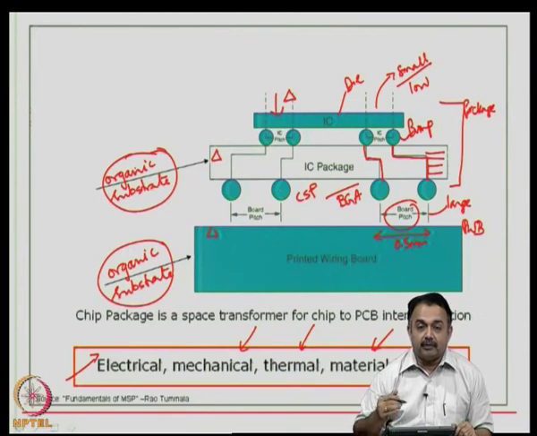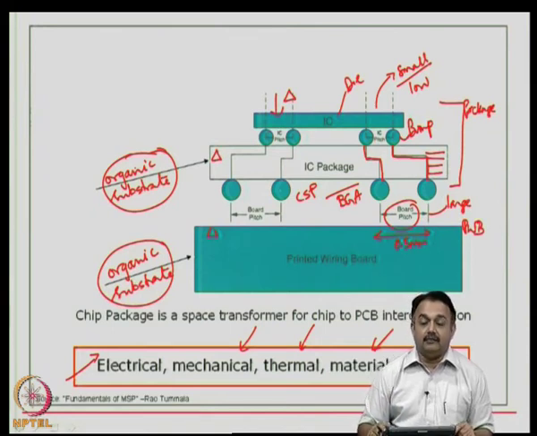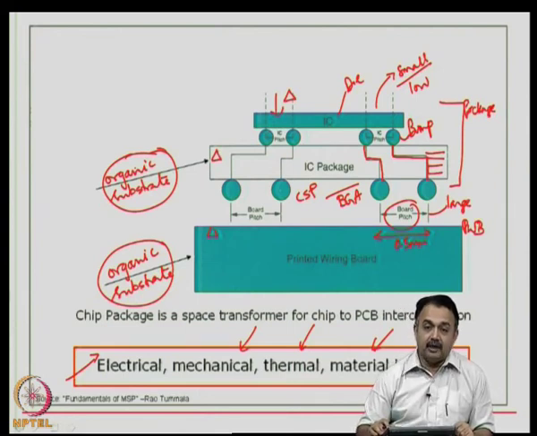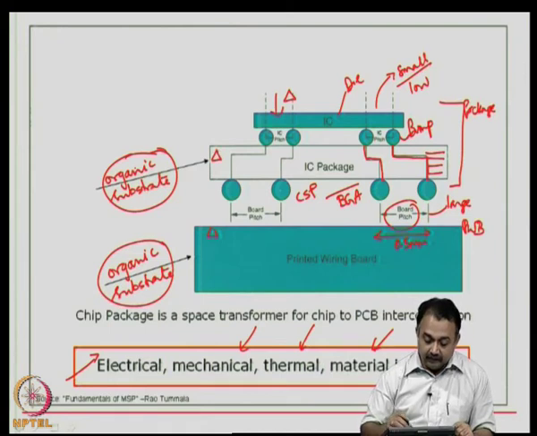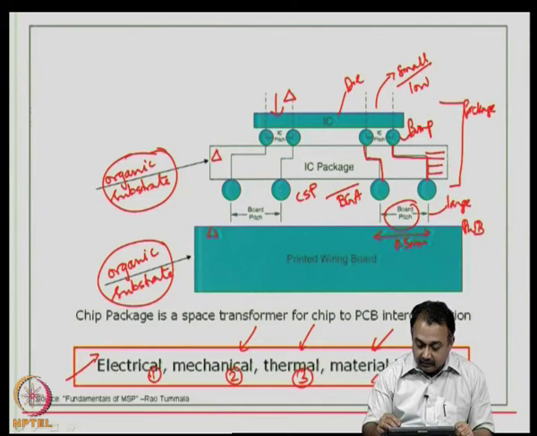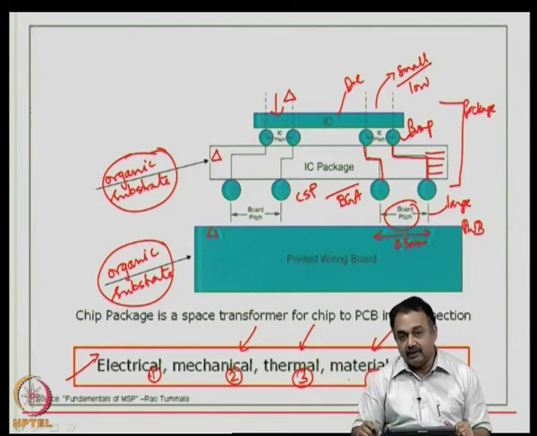Otherwise, properties for these materials like dielectric constant, moisture absorption, the thermal coefficient of expansion, and another important thing called the glass transition temperature of the organic substrate, which we are going to see in detail when we come to PWB technologies, are going to play a major role in defining this system. If I call this a system, all these 4 points, electrical, mechanical, thermal and material issues are going to play a major role.